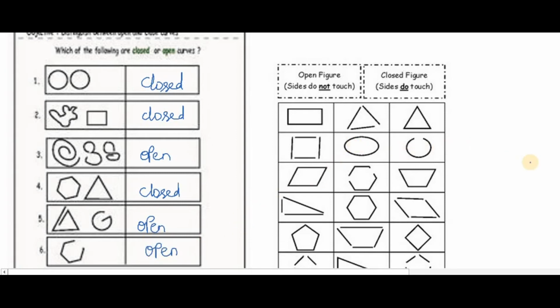What he has given: in open figures the sides do not touch, and in closed figures the sides do touch. So in this, the closed figure will get a tick like this.